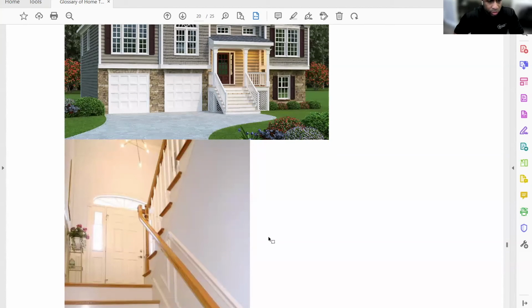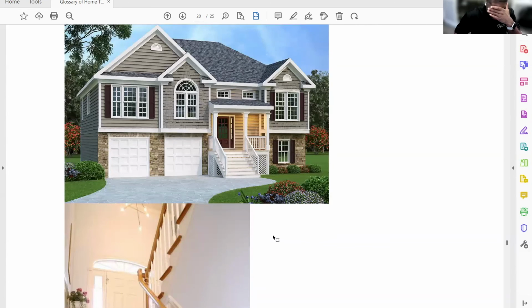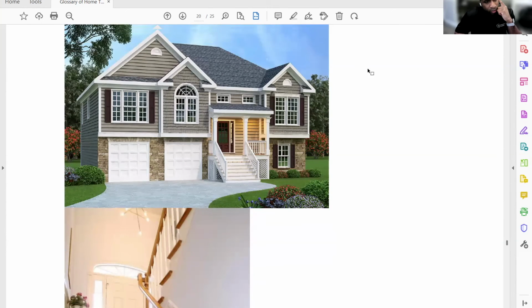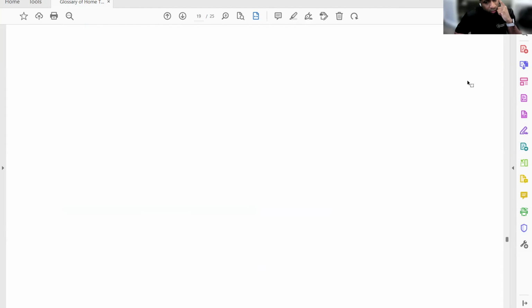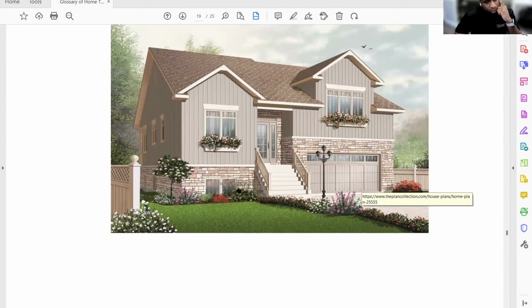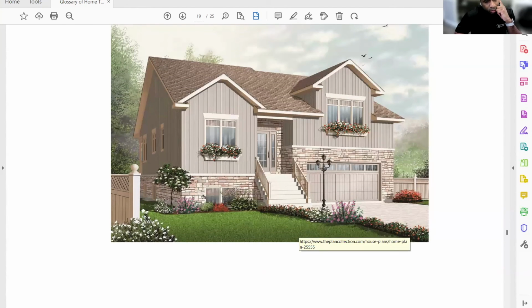On that previous picture, the windows there, that's called a daylight basement, right, instead of a walkout? No, the other one, on the split level. So this one here? Yes, this one. So you're talking about this basement? Yes, daylight.